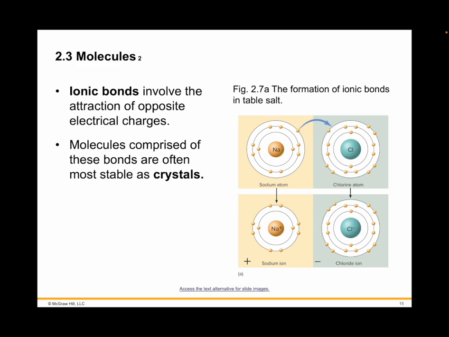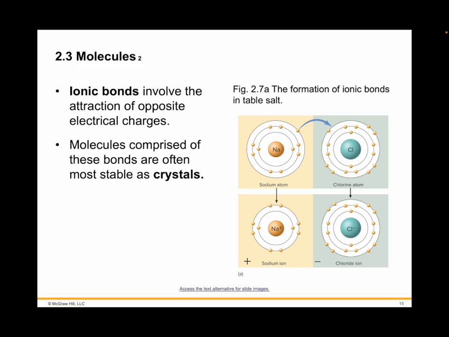Everyday table salt is built of ionic bonds. The sodium and chlorine atoms that make up table salt are ions. The sodium gives up the sole electron in its outermost shell, and chlorine gains an electron to complete its outermost shell. As a result of this electron hopping, sodium atoms in table salt are positive sodium ions, and chlorine atoms are negative chloride ions.